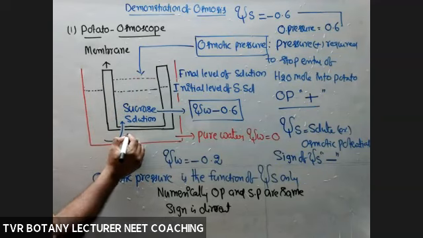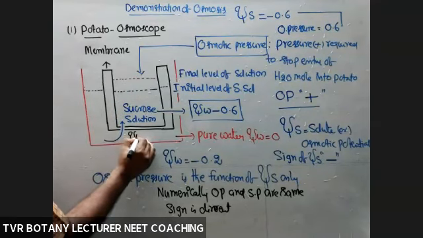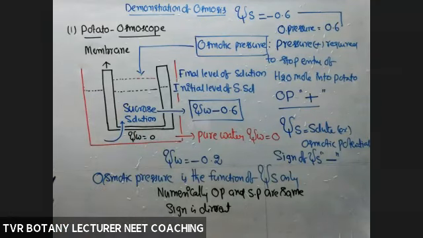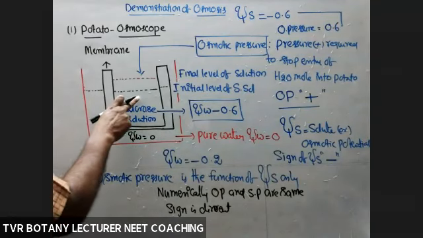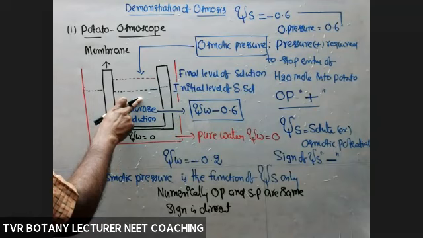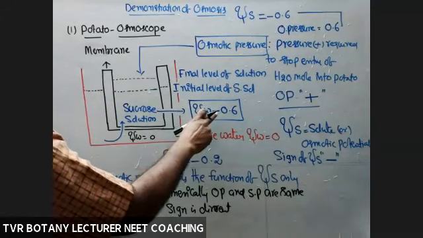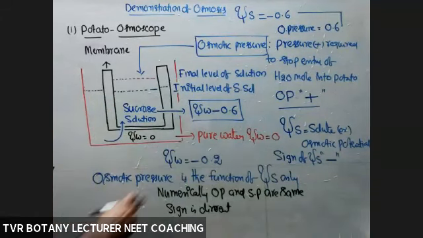For example, here the psi W value is initially 0, for example only. After an increase in osmotic pressure, for example osmotic pressure is 0.6 and psi S is minus 0.6, we will get a psi W of 0 if they are at equilibrium. Okay, right?